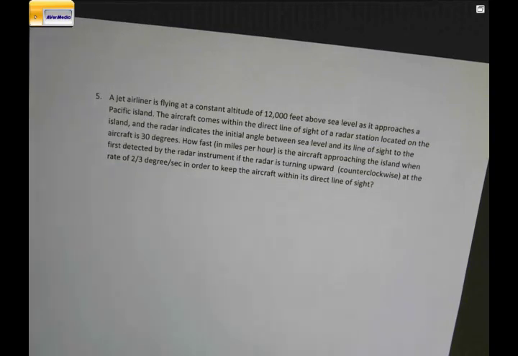And it's 30 degrees. How fast in miles per hour is the aircraft approaching the island when first detected by the radar instrument if the radar is turned upward at the rate of 2/3 degrees per second in order to keep the aircraft within its line of sight?